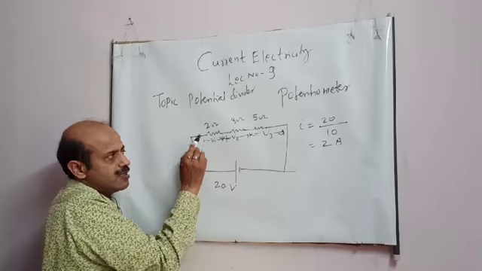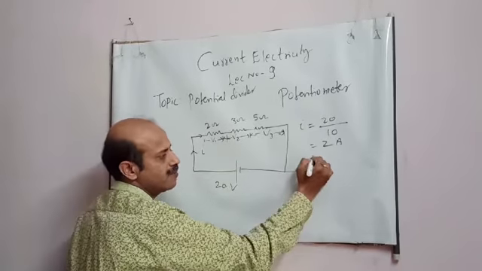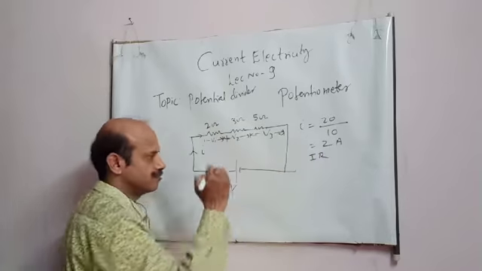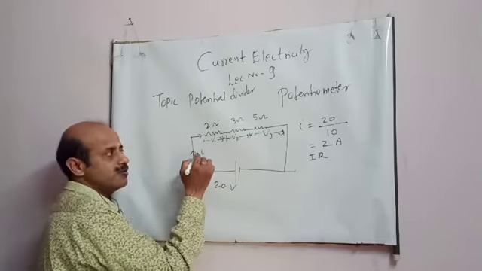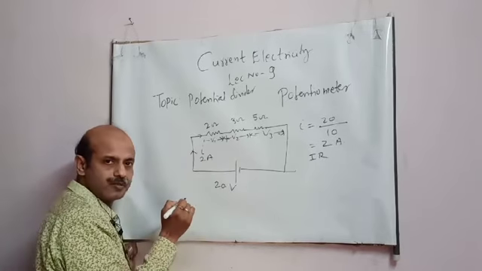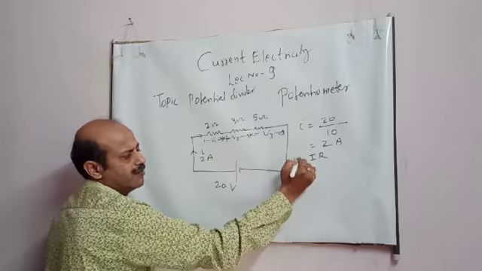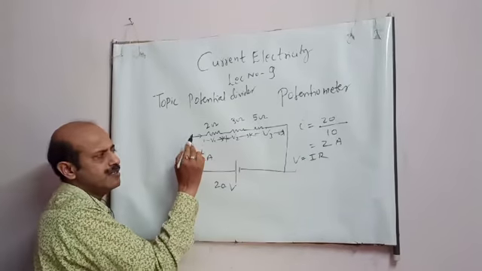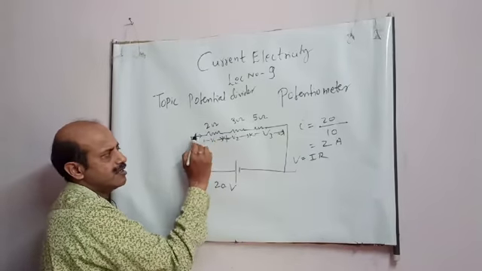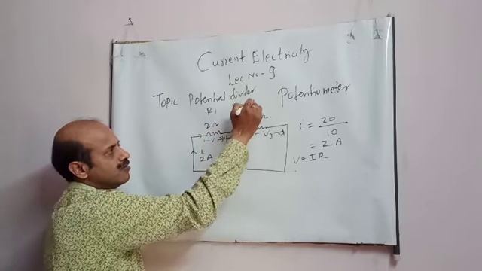As the current crosses this resistor, there is a potential drop that takes place, and that drop is IR. Now current is 2 ampere. So if I use this formula, V is equal to IR, how much is the potential difference across this resistor? Say I am naming them R1, R2, R3.